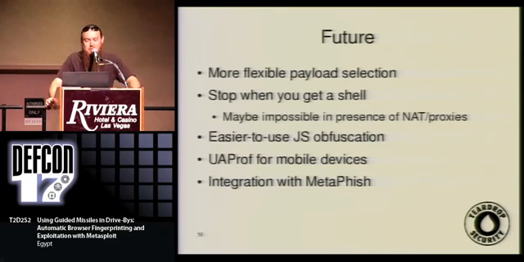So some of the things I'd like to make better. The payload selection right now is sort of limited. Basically, if the exploit is a Windows only exploit, I always use Meterpreter. If it can be Windows or Linux or whatever, for example, most of the Firefox exploits are this way, we always use a command shell.